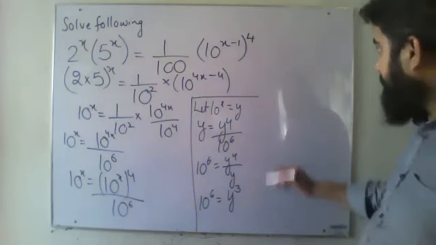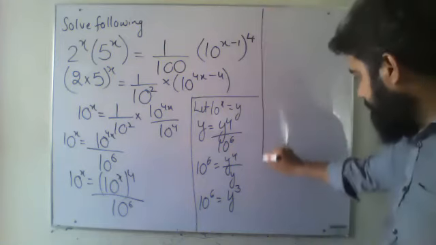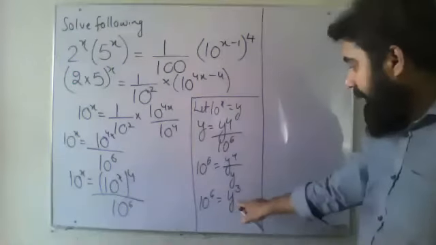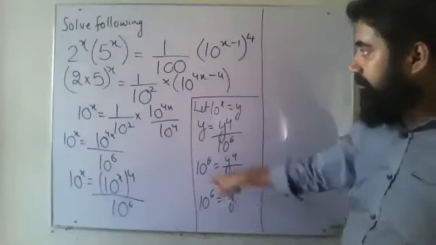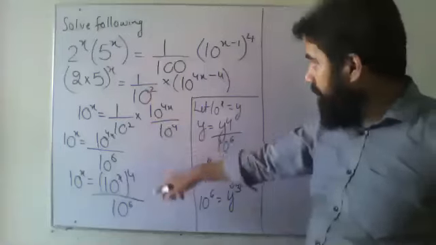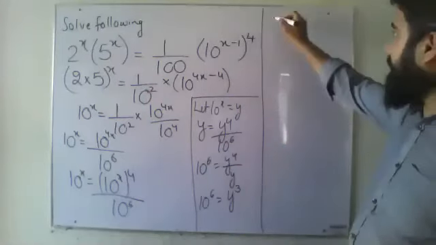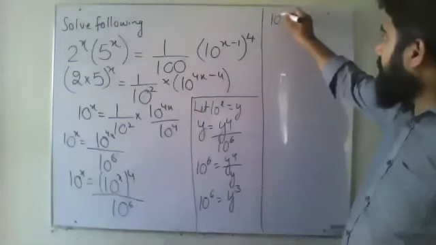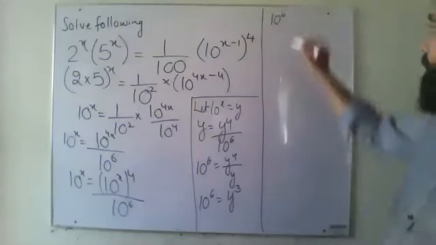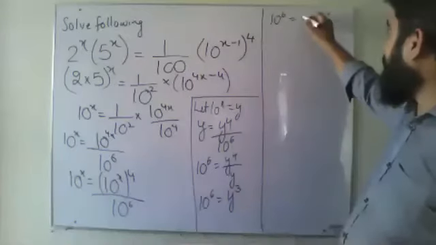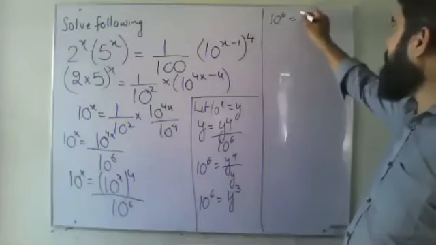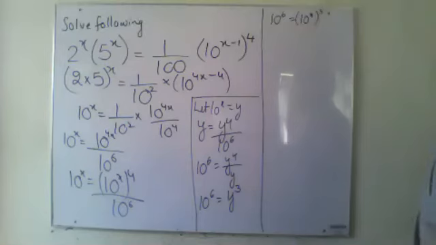Okay. After this, what we are going to do? Now, y cube is there. What is the value of y equals to? y was equals to 10 to the power x. So I am writing it over here. 10 to the power 6 equals to, in place of y, I am going to write 10 to the power x whole cube.